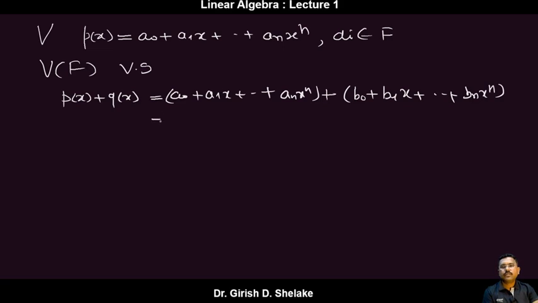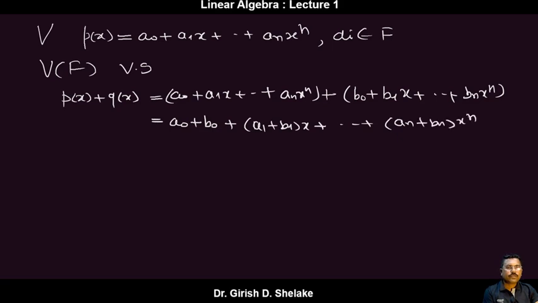Then their addition is defined as a naught plus b naught, plus a1 plus b1 into x plus, and so on, an plus bn into x raised to n. So this is the definition of addition.